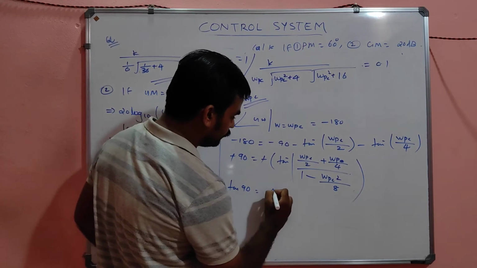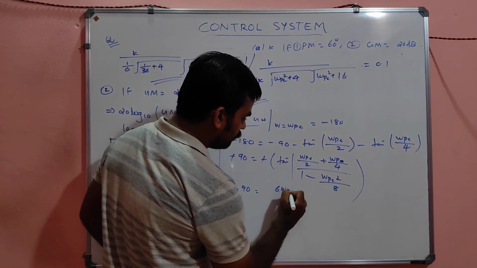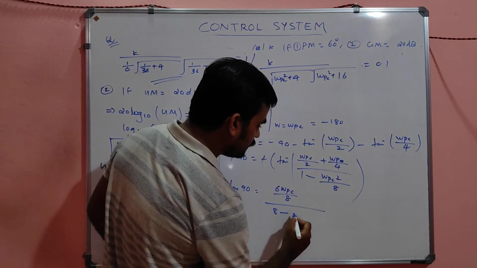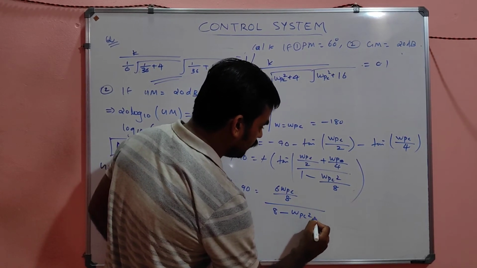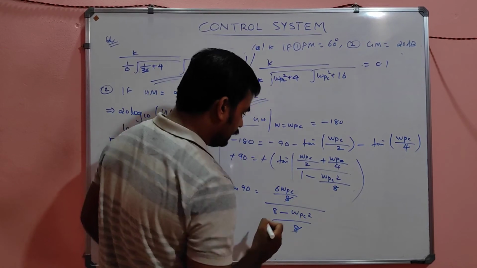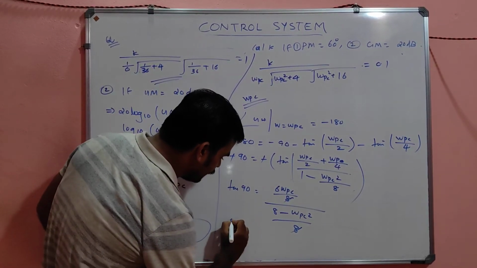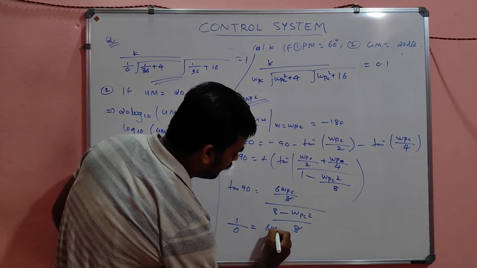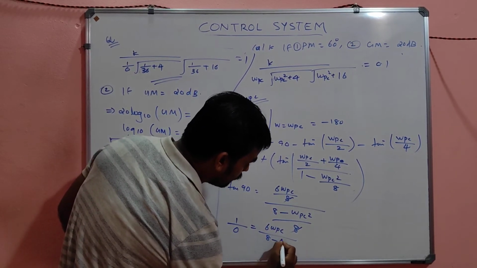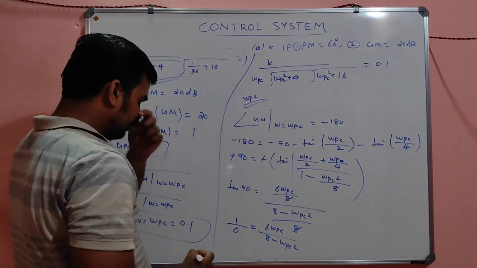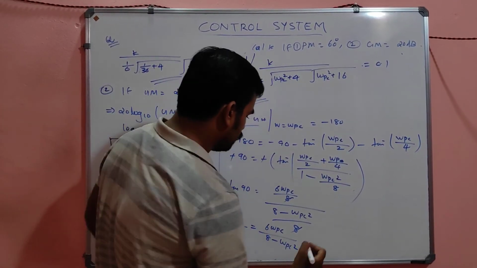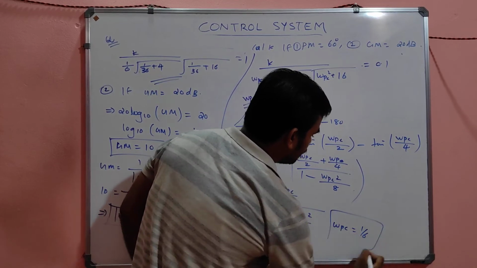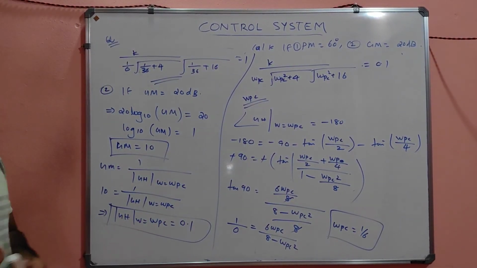Tan 90 equals 6 omega pc by 8 whole divided by 8 minus omega pc square by 8. The 8s get cancelled. Tan 90 is sin 90 by cos 90, which is 1 by 0, equal to 6 omega pc divided by 8 minus omega pc square. So from this we get omega pc equal to 1 by 6. How beautifully we did.